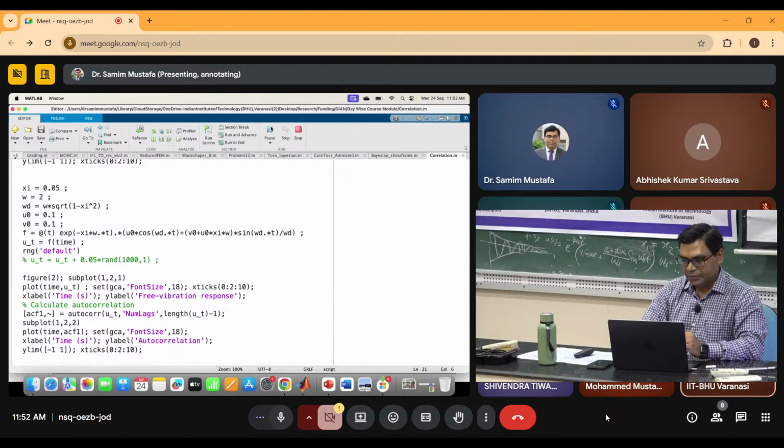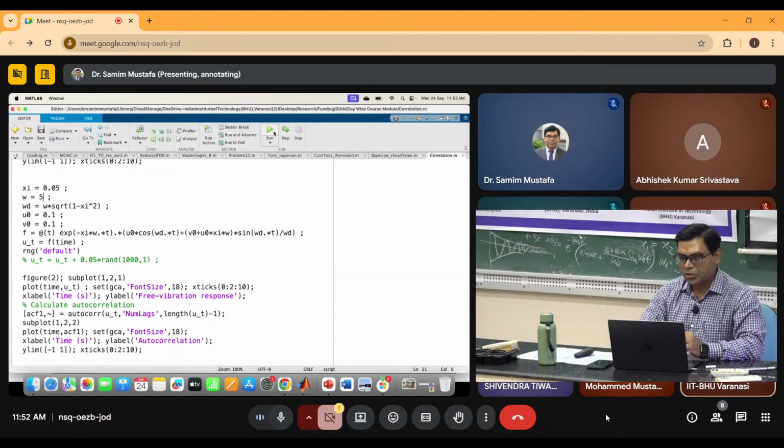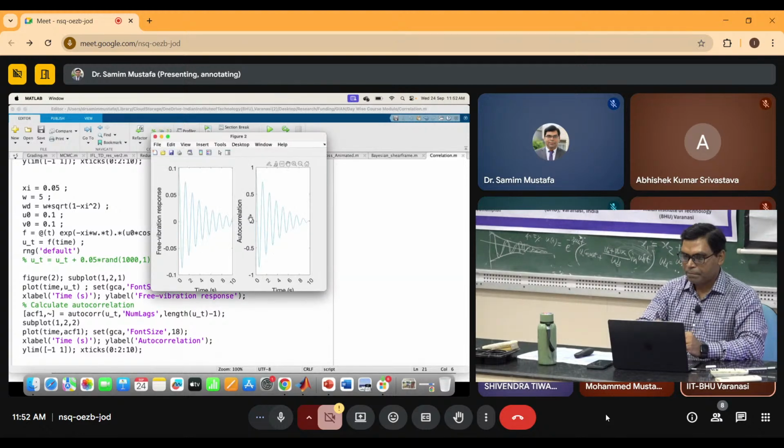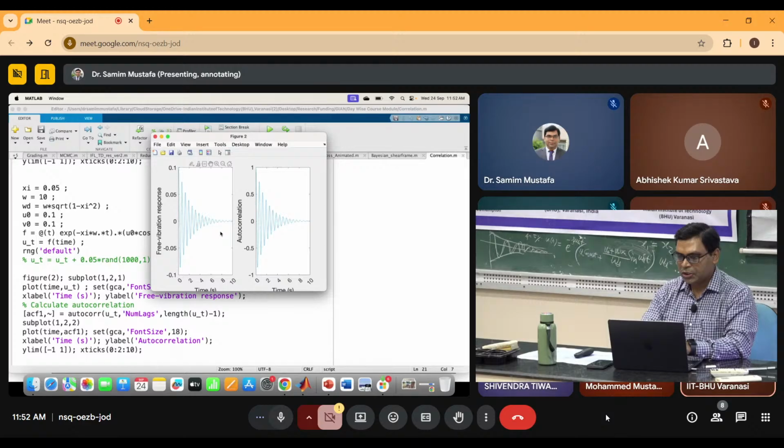Okay, so for example if I take 5, then also you are seeing still it is vibrating. Okay, so let's keep the previous combination, which is 5% damping and 10 Hertz natural frequency. So this is the result we are getting.